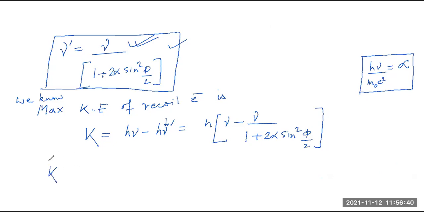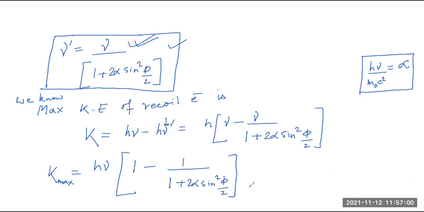So the maximum kinetic energy of the recoil electron is h nu times 1 minus 1 by 1 plus 2 alpha sine square phi by 2.